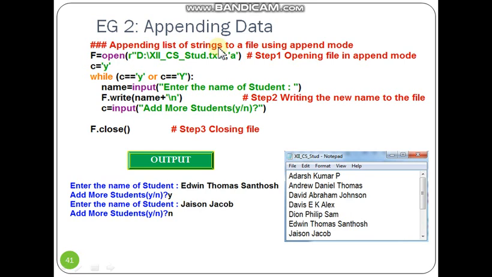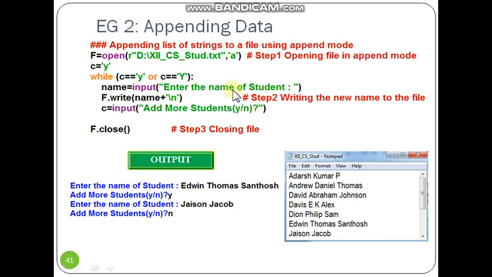Now let's see another example. We have already entered 5 students' details in the 12cs stud.txt. Now I am opening the same file in append mode. I want to enter any number of students' names, so here I am using a while loop, while c equals y or c equals capital Y. That means I can enter any number of students, so I used a variable c here.